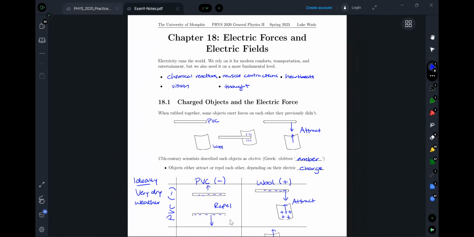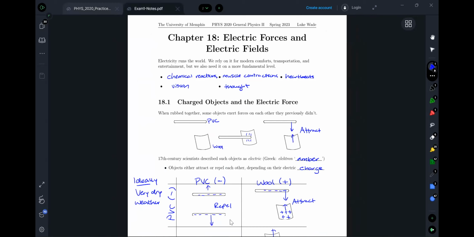There is also induction, and in that case, you are bringing a charged object close to, but not touching, the conductor. And that tends to create this separation or polarization of charge, even on neutral conductors. So in the case of negative charge being brought close, that repels the electrons here, leaving a net positive charge on this surface.